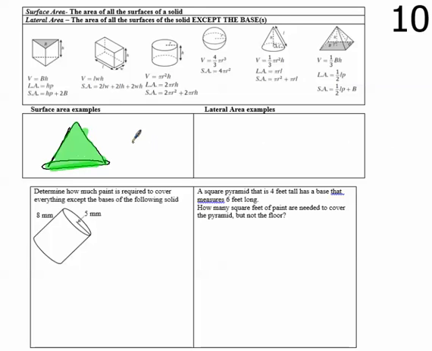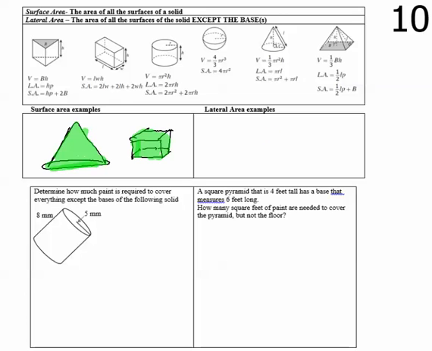Or maybe I have a little cube. You know what I mean though. We want to paint every single side, all 6 faces, all the way around, and the top and the bottom. Paint it all, everything green.